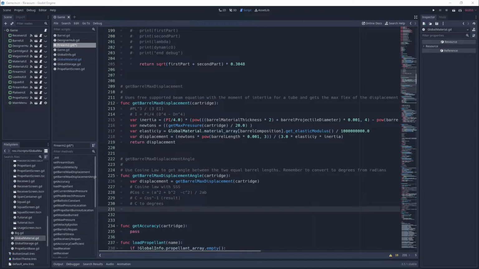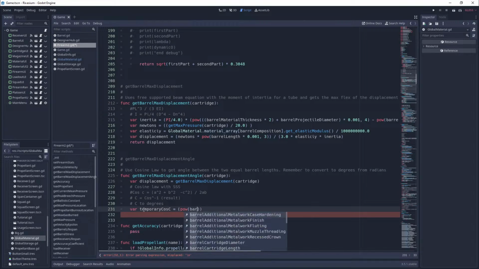So here we have this. So let's just start with what we know. So we want to get side length. So var temporary OC, and this is just to be barrel length.